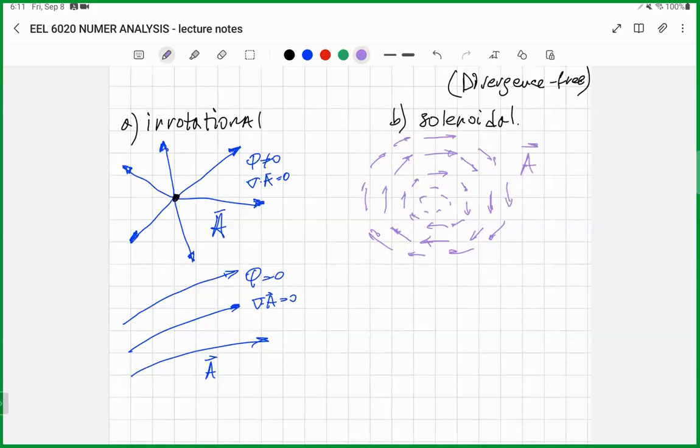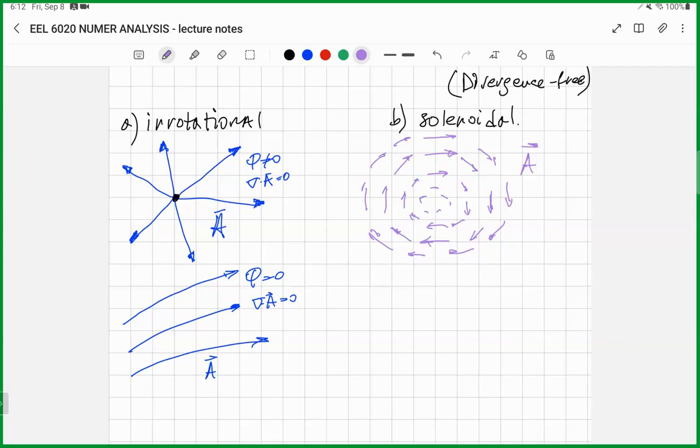If you put any enclosed surface, any object inside this field, the flux will always be equal to 0, because this field doesn't diverge. It doesn't need any charge.